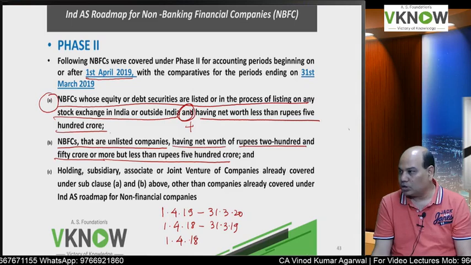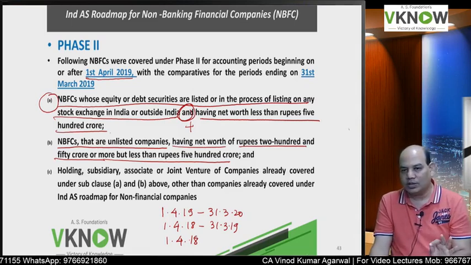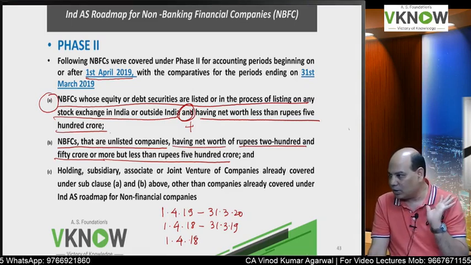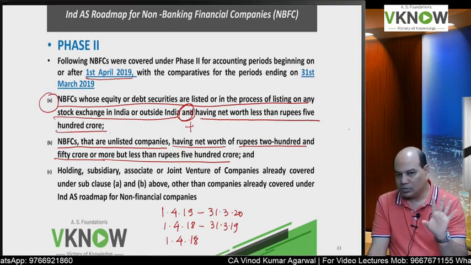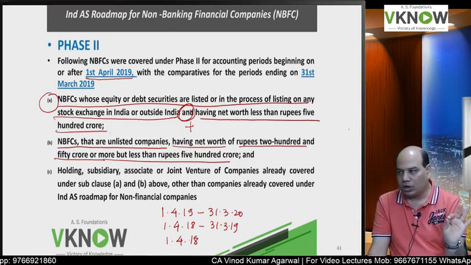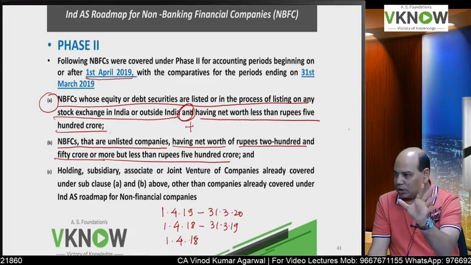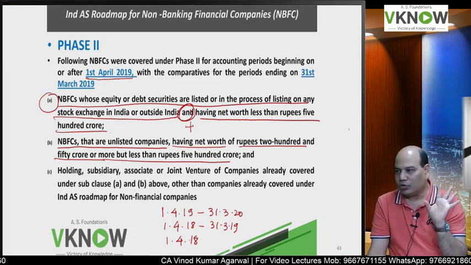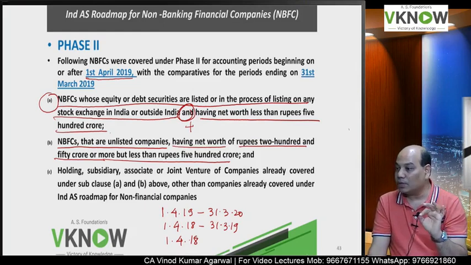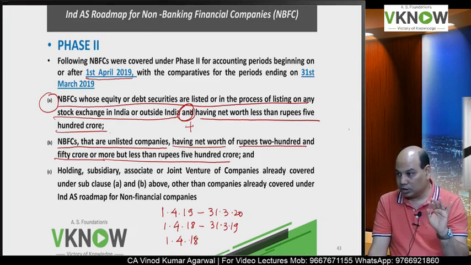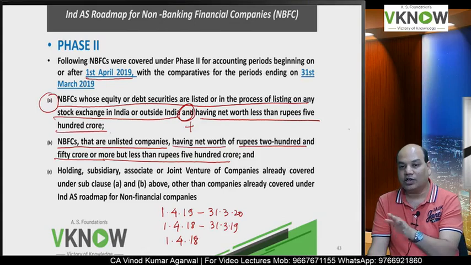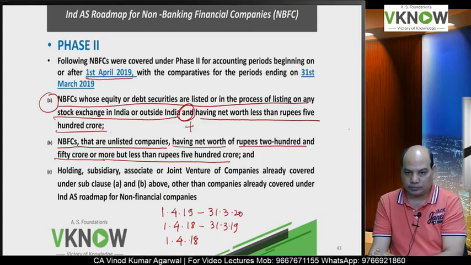To put both these phases together, now it is simple. If it is a listed NBFC, Ind AS is applicable, or if its net worth is 250 crore or above, Ind AS is applicable. So for which NBFC is Ind AS not applicable right now? Unlisted and net worth below 250 crore.